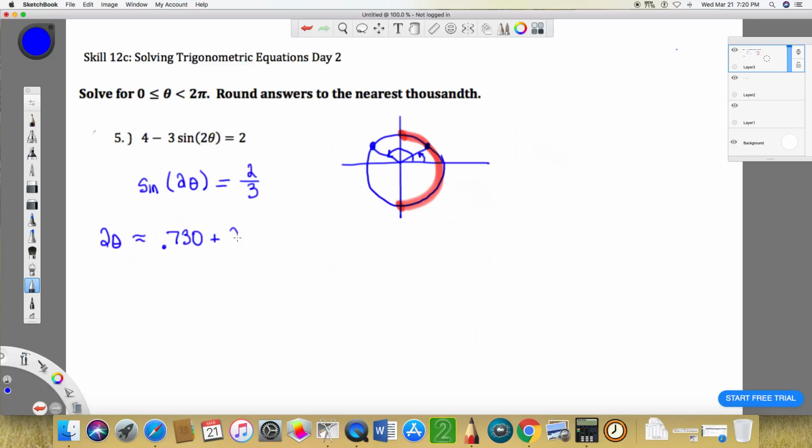So we'll add 2 pi n. Now, we need to figure out the angle over here in quadrant 2, and the calculator is not real helpful there. But this 0.73, we can use that as a reference angle. And so if we want this angle, we can just take pi minus this 0.73, and then we'll take any angle that's coterminal to that.